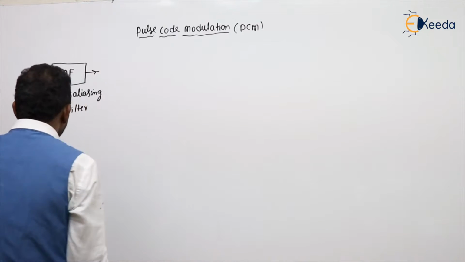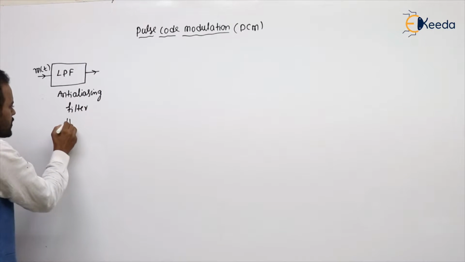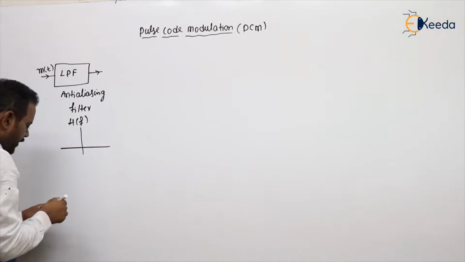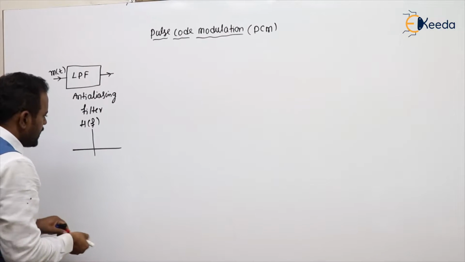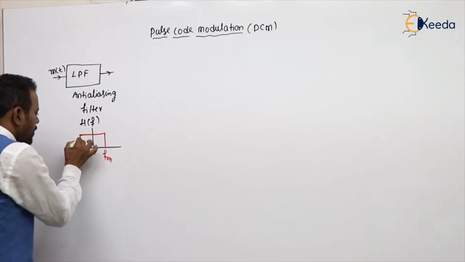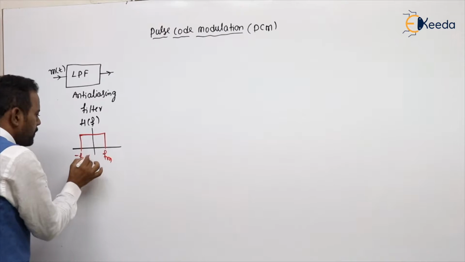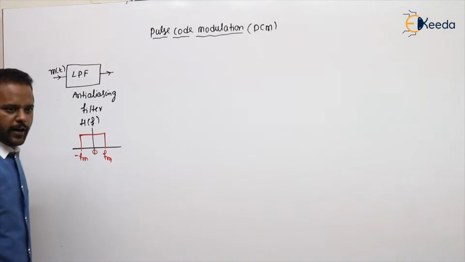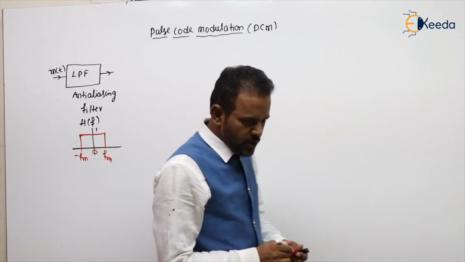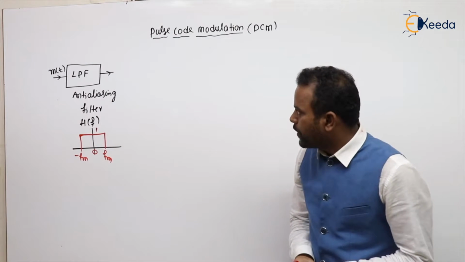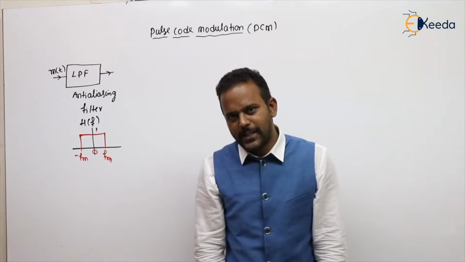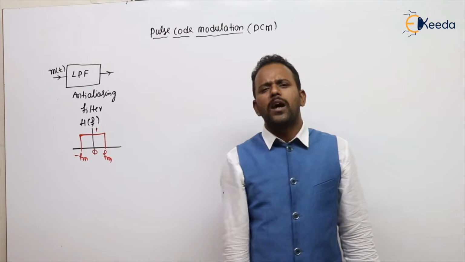For example, this low pass filter has cutoff frequency fm, which means it allows all the frequency components up to fm. Got my point or not? So the first block, the low pass filter, LPF, will band limit the message.